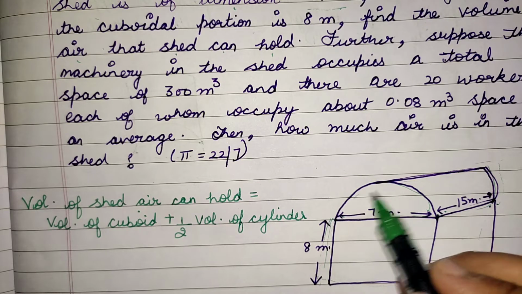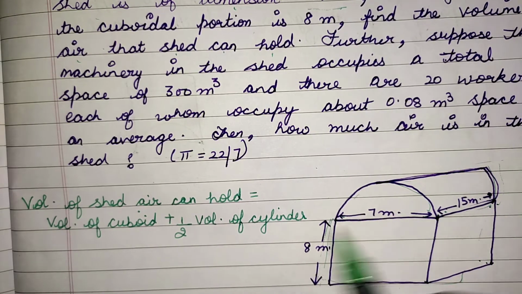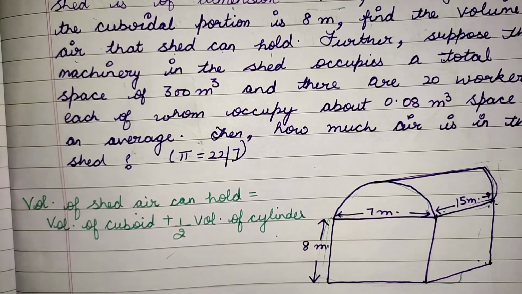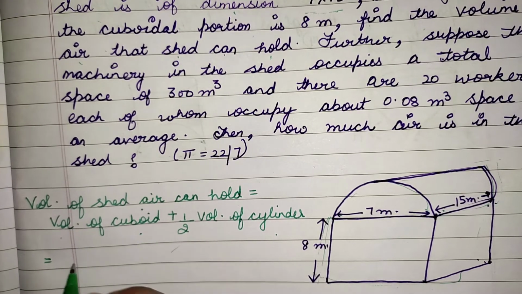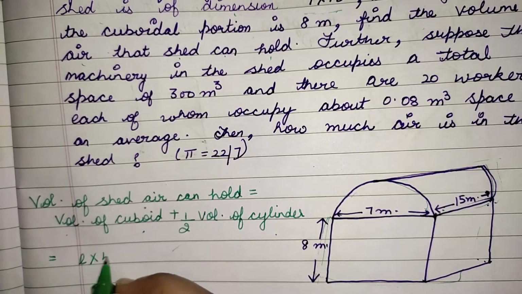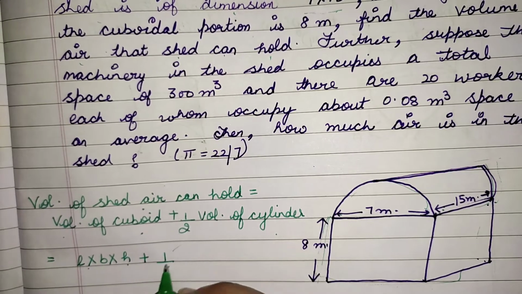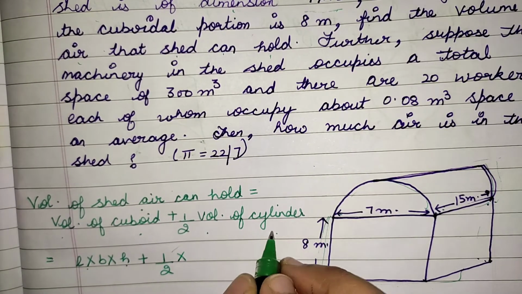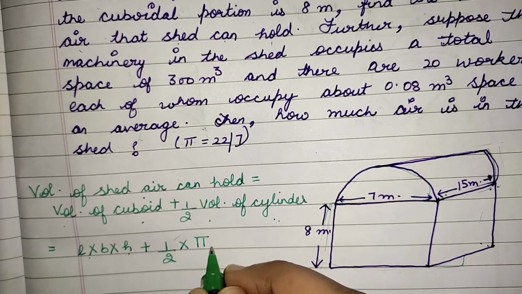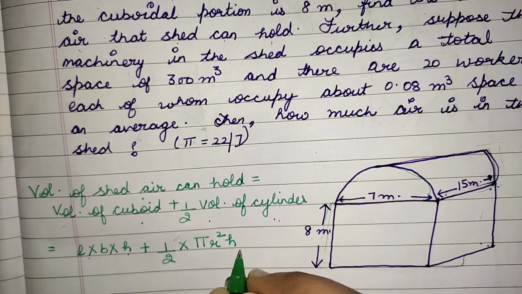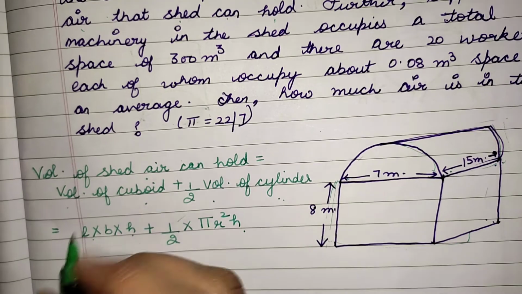So that's why we are taking the half of the volume of the cylinder. Volume of cuboid is length into breadth into height, plus half into volume of cylinder. Volume of cylinder is pi r square h, right?